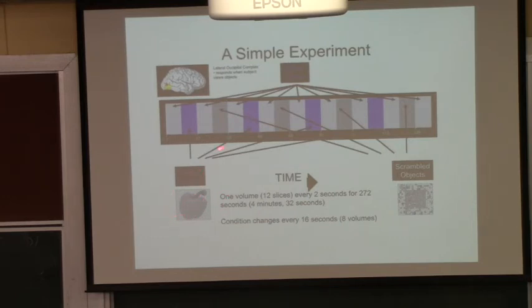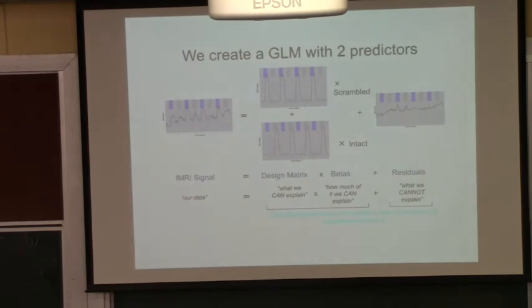Okay? So you can then create a general linear model where you take the MRI signal from a given voxel, and then you have conditions for the scrambled image and the intact image, and you regress on them to get your betas.